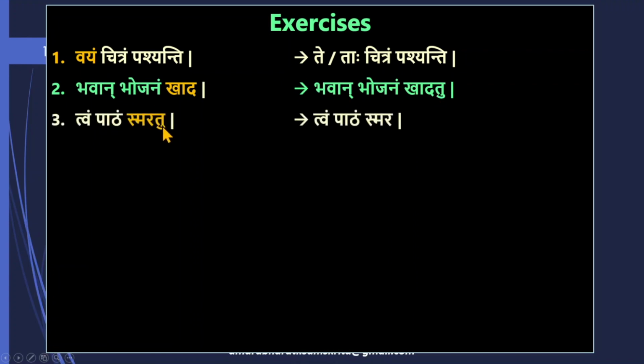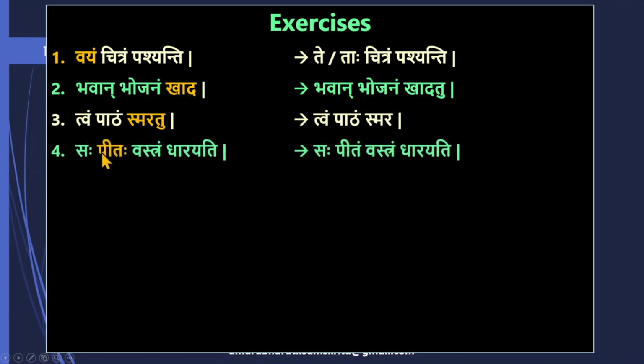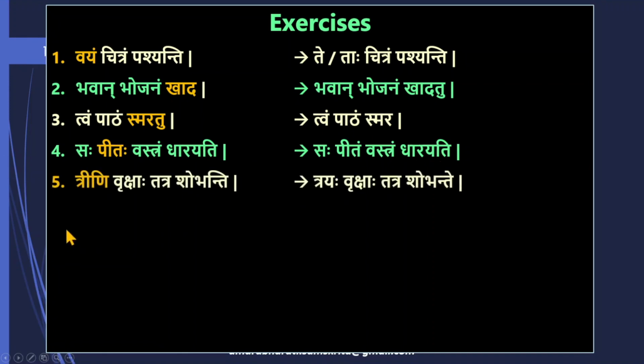Tvam patham smaratu is wrong. Tvam patham smara is what should be the correct form, because when tvam comes it should be in madhyama purusha. Saha pitaha vastram dharayati, it should be pitam vastram, because visheshana visheshya bhava, pitam vastram dharayati. Trini vrikshaha is wrong.